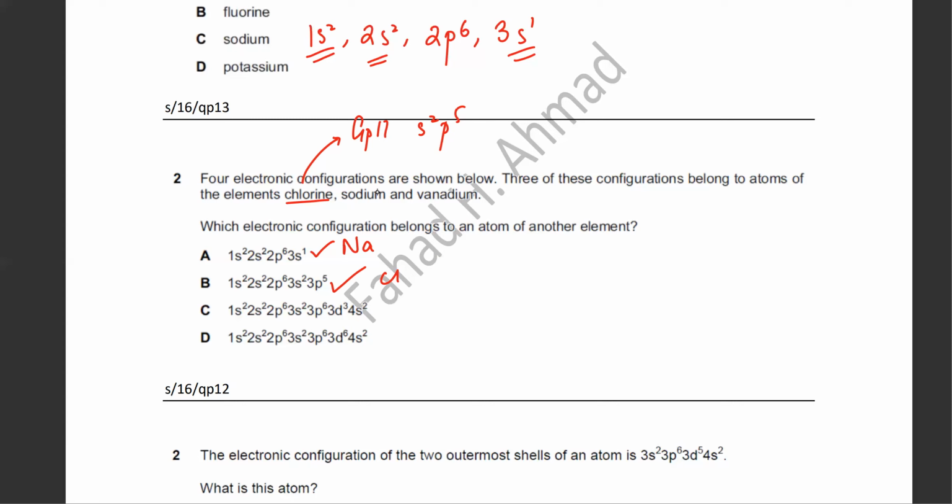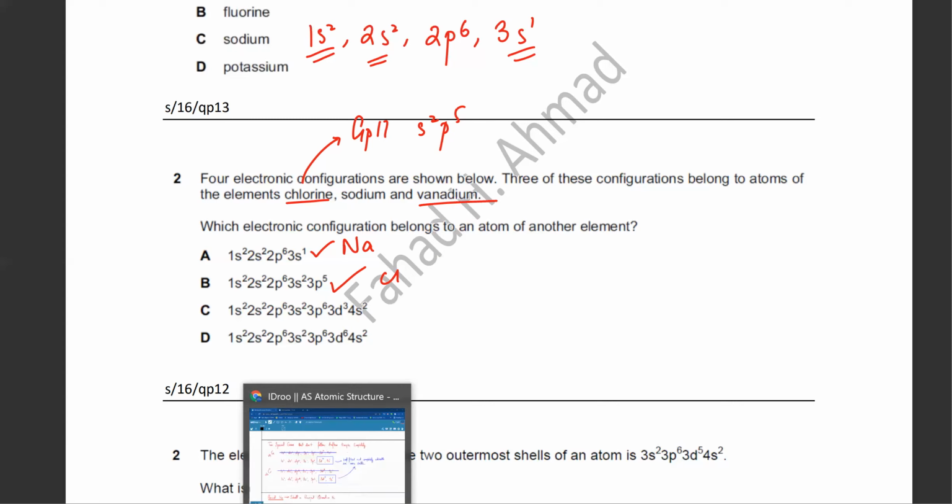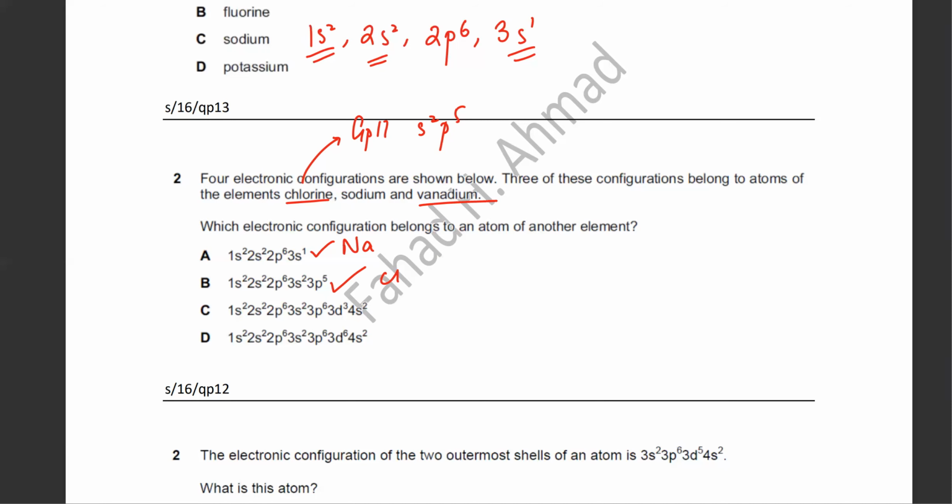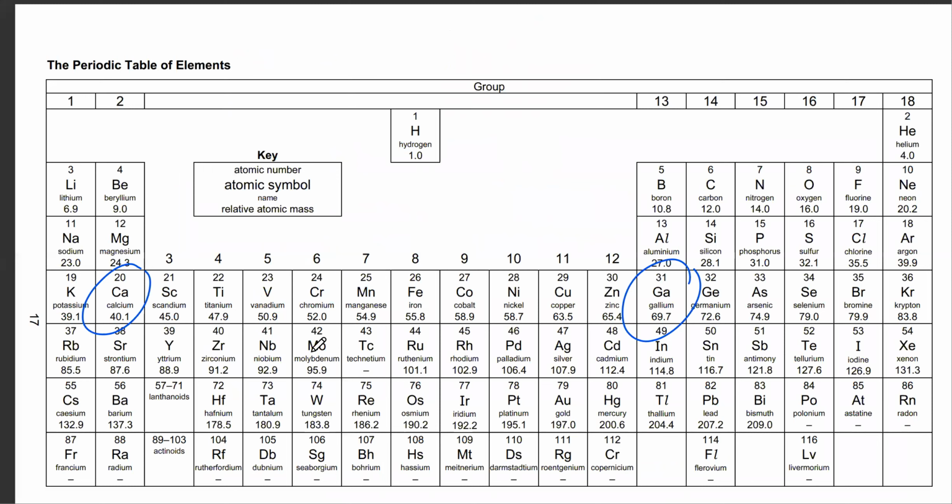And then you have vanadium. So for vanadium, last time we discussed this. Calcium is 4s2, and calcium is in group 2, so it's 4s2. After 4s2, we had discussed the shortcut for transition metals that the d starts filling up. So it's going to be 3d1, 3d2, and 3d3.